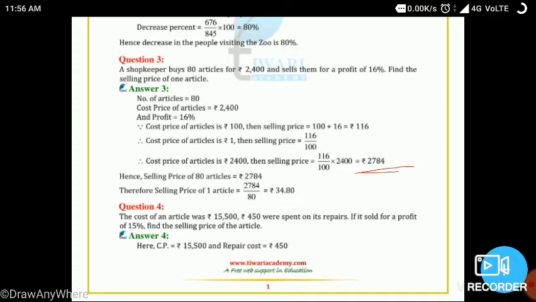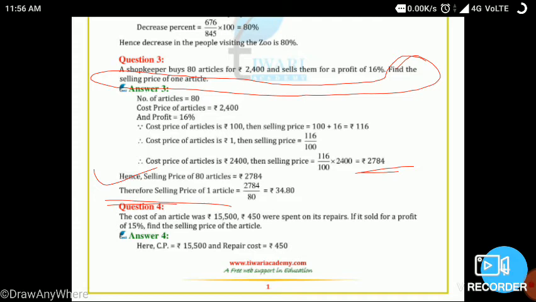Okay, so here we have to find the selling price of one article, okay, not 80 articles. So after that we find the selling price of one article. So therefore the selling price of one article is equal to 2784 upon 80, which is equal to 34.80.